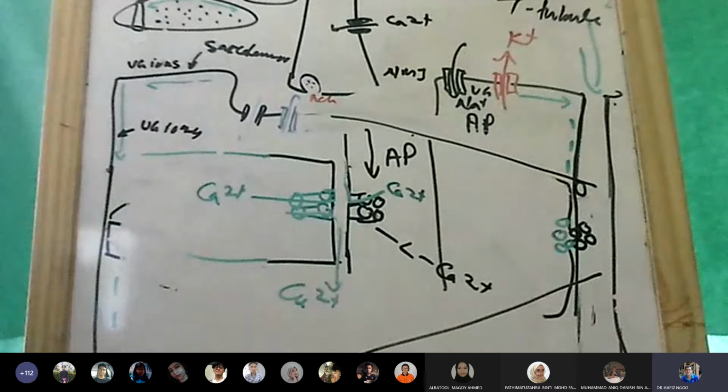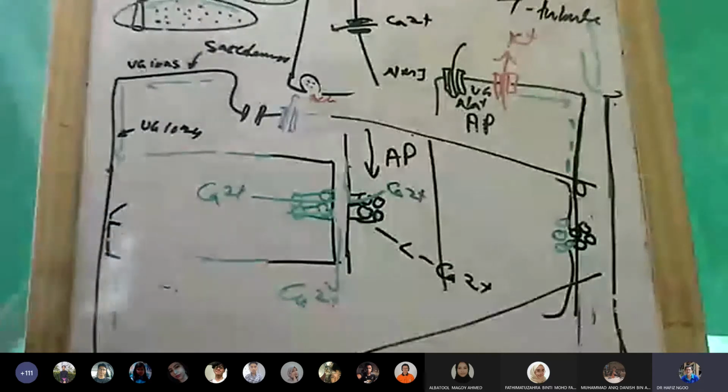Yes, can visualize that. And the channel that is present on the sarcoplasmic reticulum, let me check the names again just to make sure it's correct. Yes, it's known as the calcium release channel, and it is also known as the ryanodine receptor.